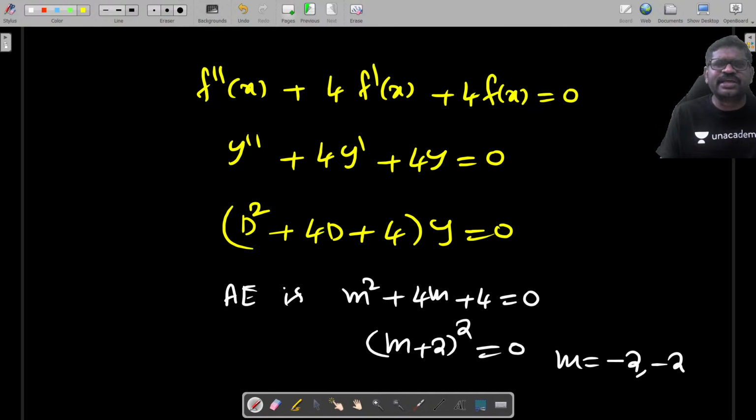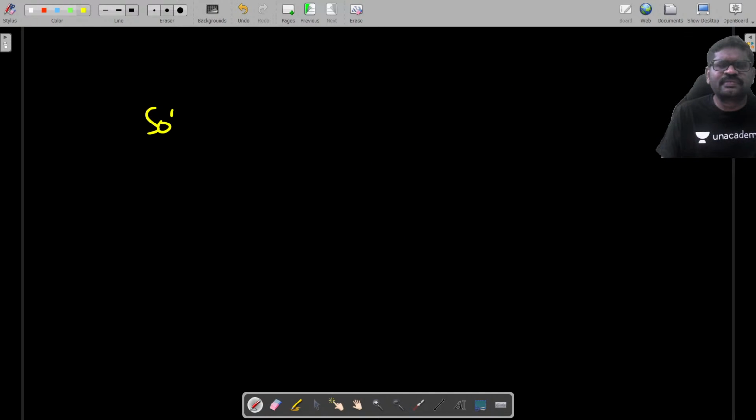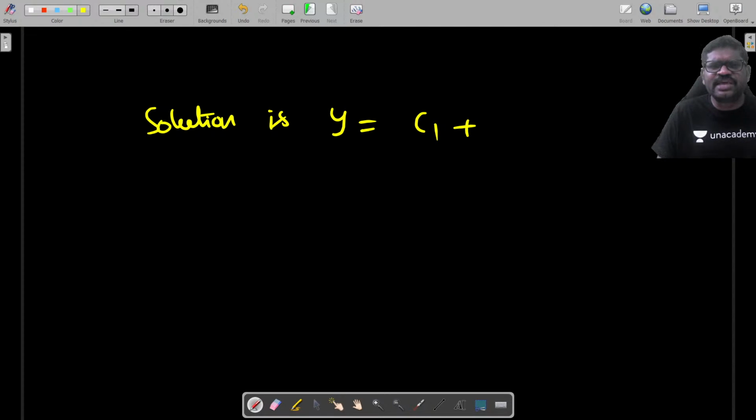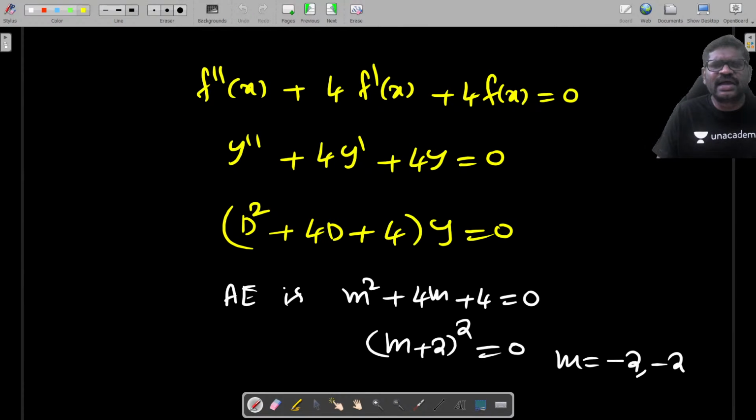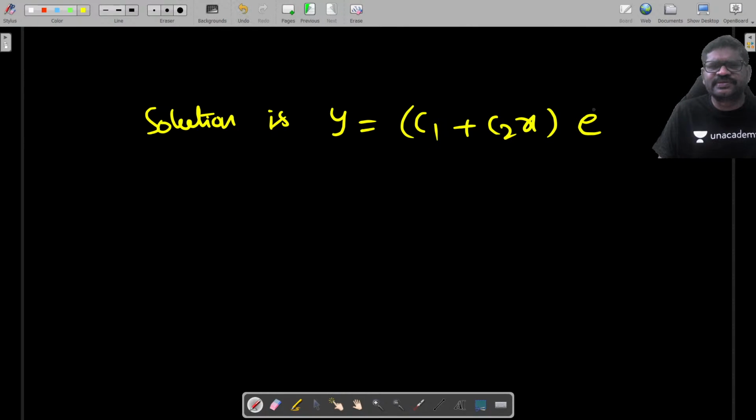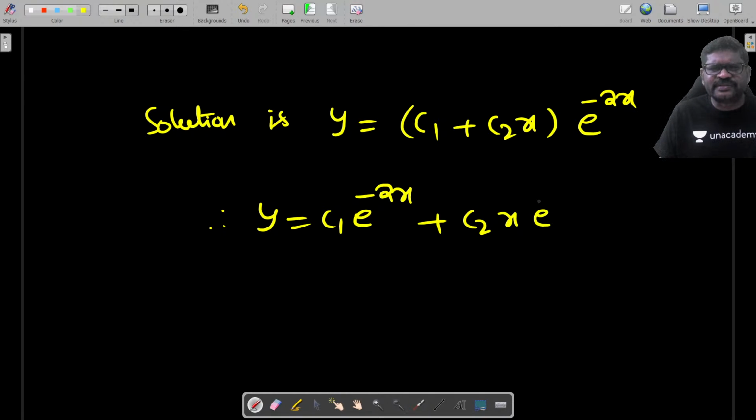The solution is y is equal to c1 plus c2 x of e power minus 2x. Therefore, y is equal to c1 e power minus 2x plus c2 x into e power minus 2x.